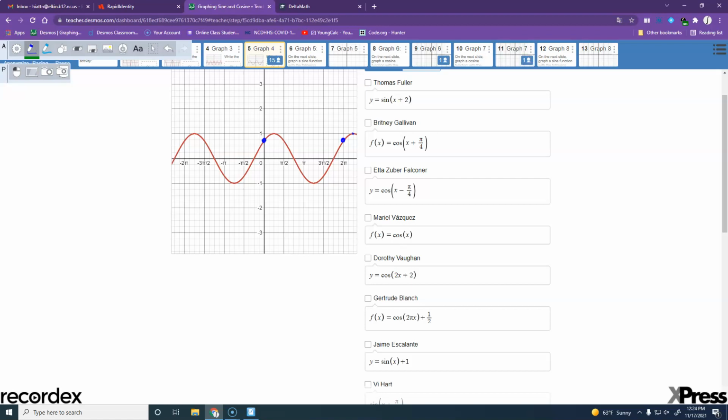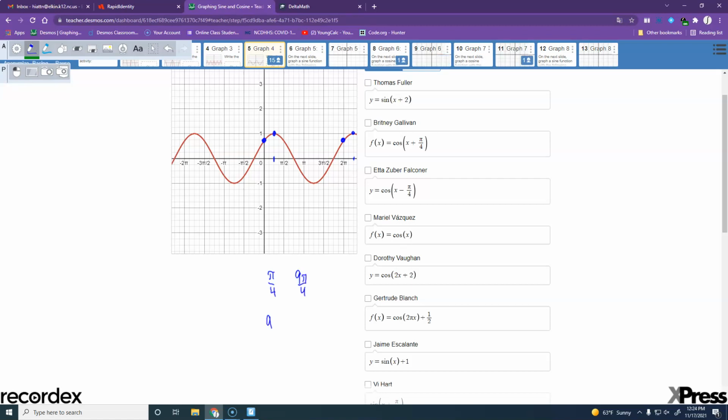Or if you're thinking from maximum point to maximum point, it's not super easy to find, that's pi over 4. And this would be 2 pi plus a pi over 4, so it's going to be like 9 pi over 4.